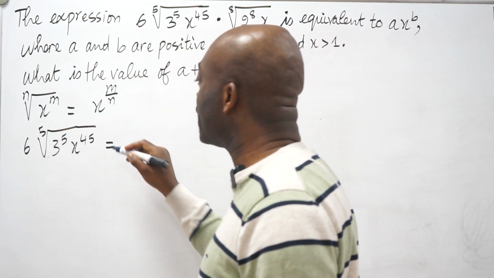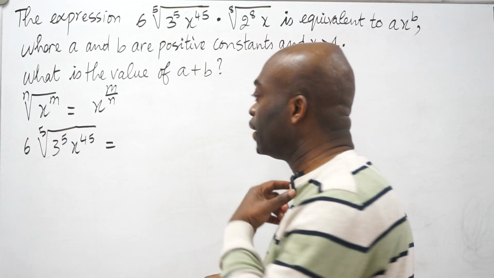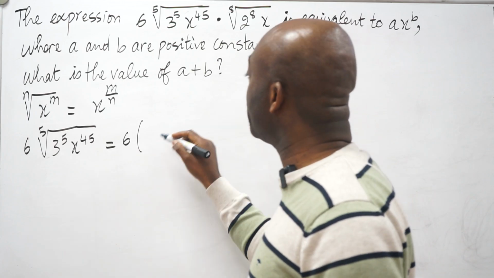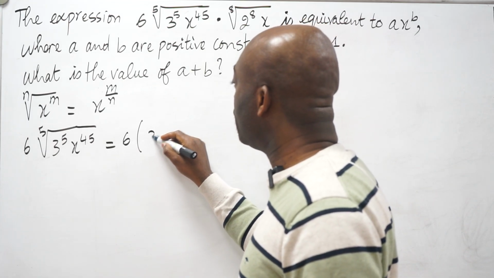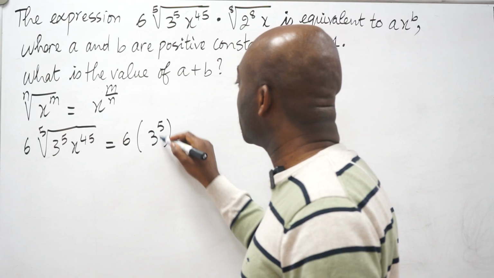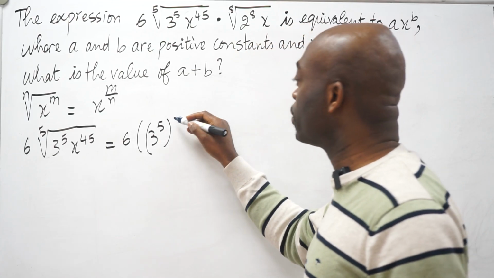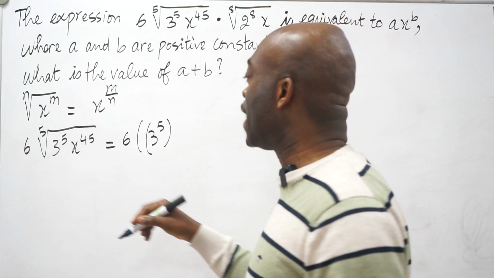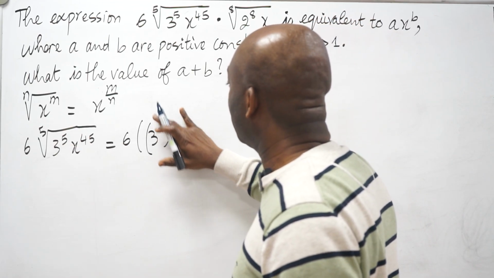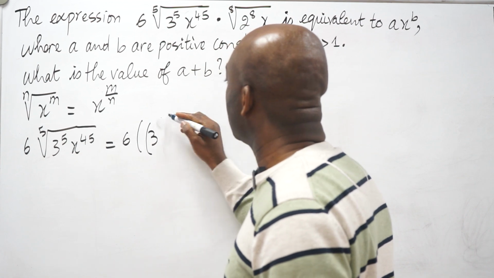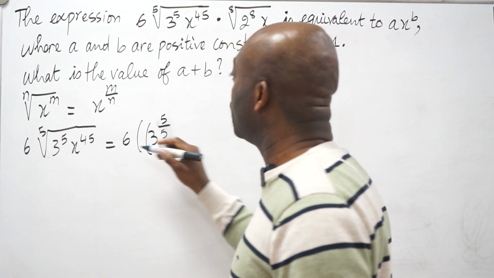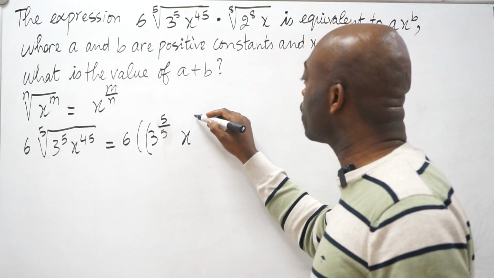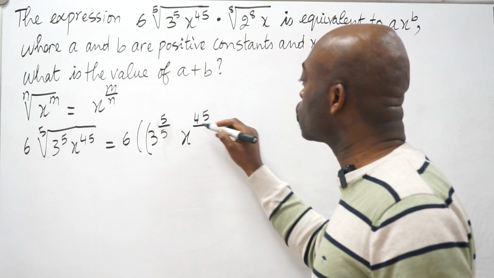This is just going to be 6 times 3 to the power 5 over 5, right? So let's do it like that. That's even better. Then times x, which is going to give us 45 over also 5.